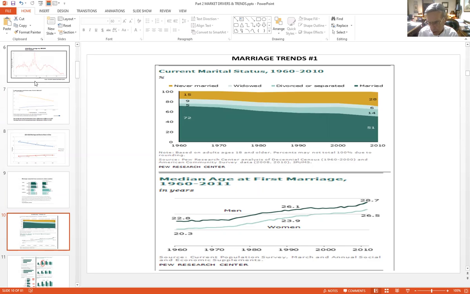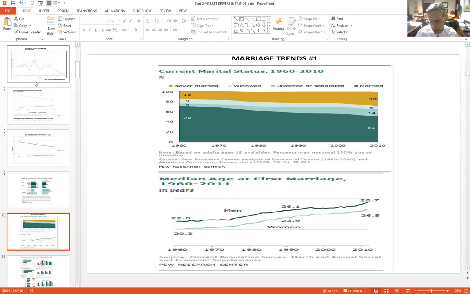And now, by 2010, men got married almost at age 30, at about age 29, and women between 26 and 27. So there are, again, some very definite trends.